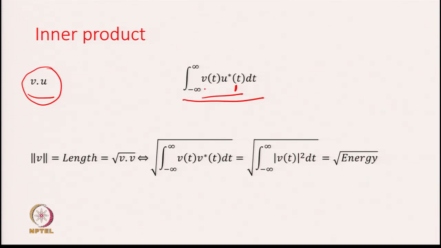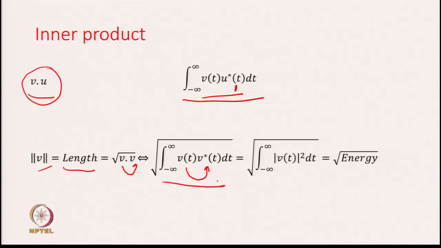In the case of vectors, we can compute the norm of a vector. The norm of a vector is also the length of the vector, and it is obtained as the square root of the dot product of the vector with itself. In the case of signals, we can also compute the norm by the square root of the inner product of the signal with itself.